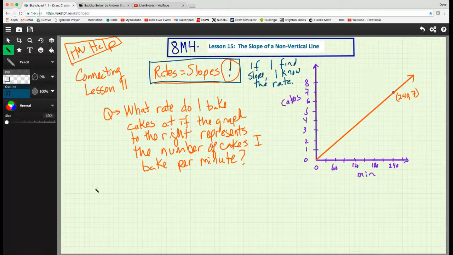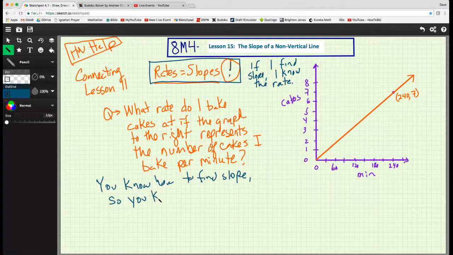Well, you know how to find slope, so you know the rate. Very cool.